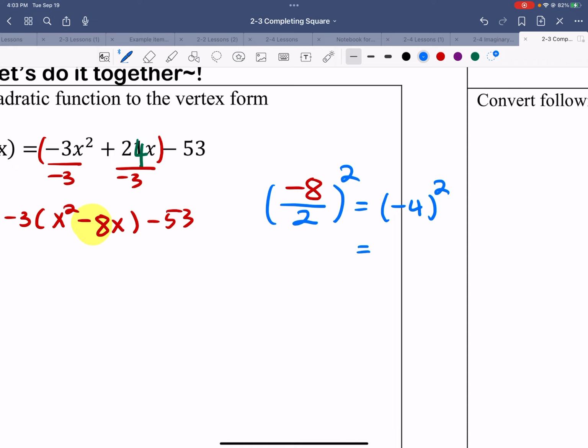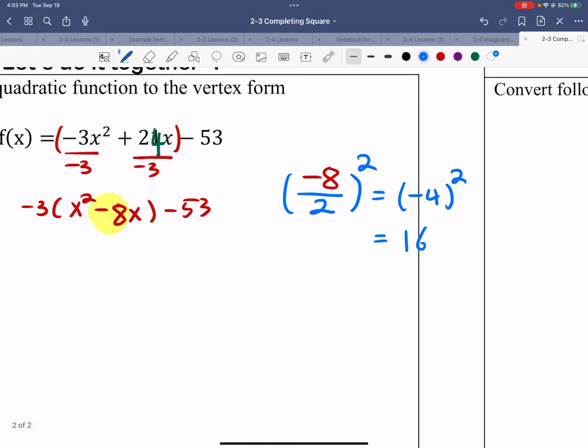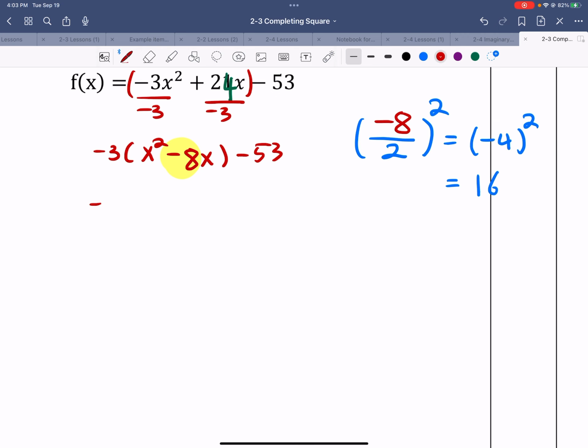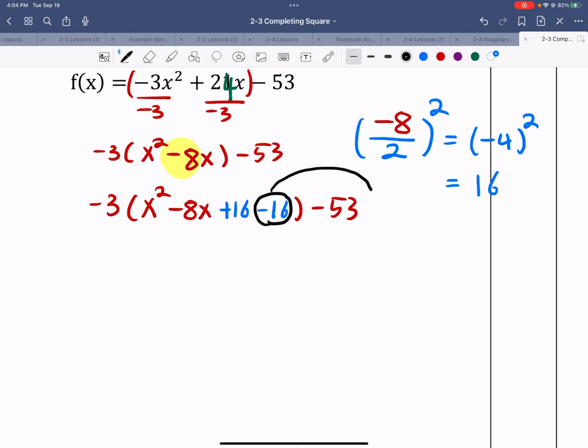And -4 squared is +16. So it's very simple. You write +16 minus 16 with -53. Next, this -16, I will take this one out. But when you take it out, remember you always have to multiply by -3, the number in front of the parentheses.